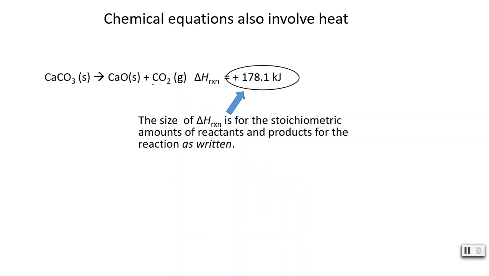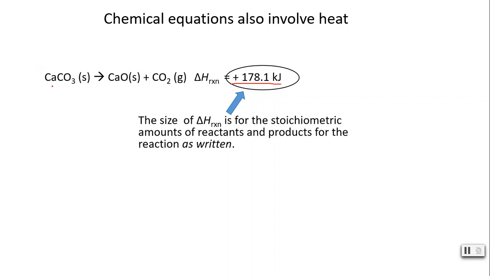So here's our balanced equation again, and the heat that was from the previous slide. So we know from this chemical reaction that 178.1 kilojoules of heat is absorbed upon this reaction. But we can also say something about the amount of heat that is, in this case, absorbed based upon the coefficients of the balanced chemical equation.